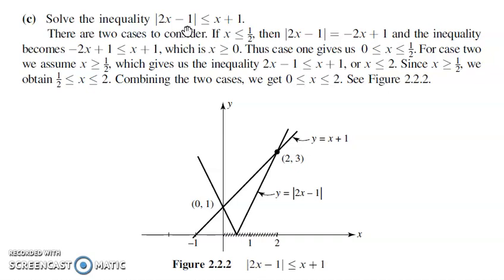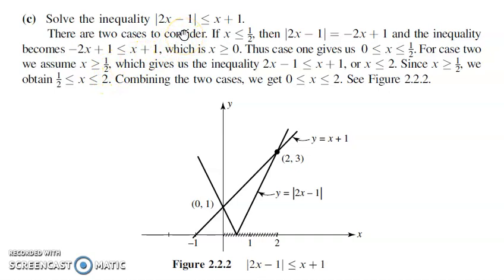So we divide our set of all real numbers into two classes. The first class is the set of all real numbers less than or equal to 1 by 2, and the second is the set of all real numbers greater than or equal to 1 by 2.